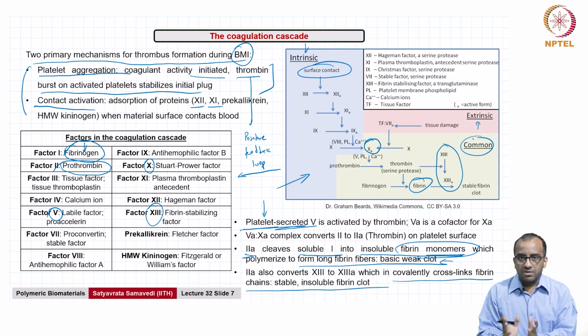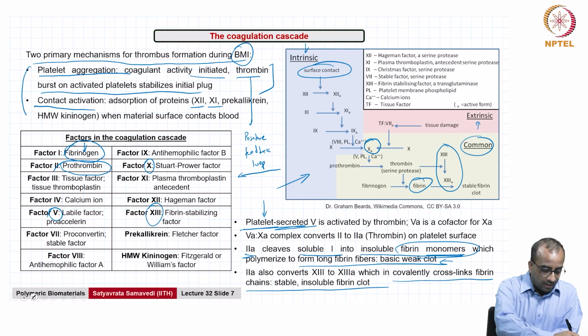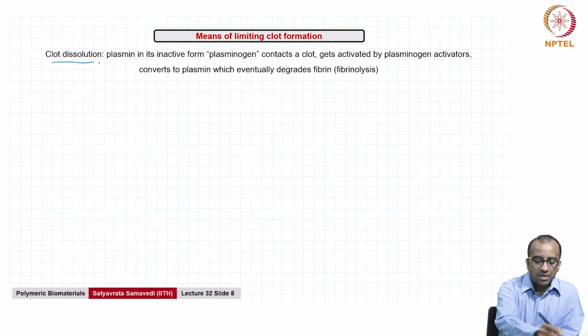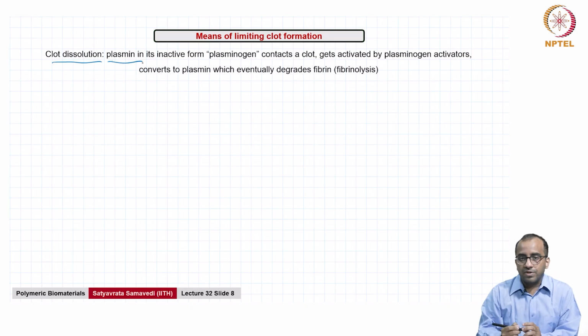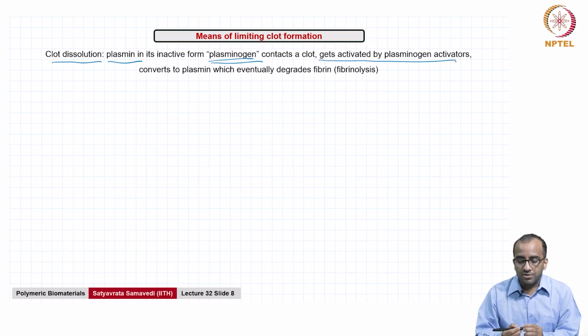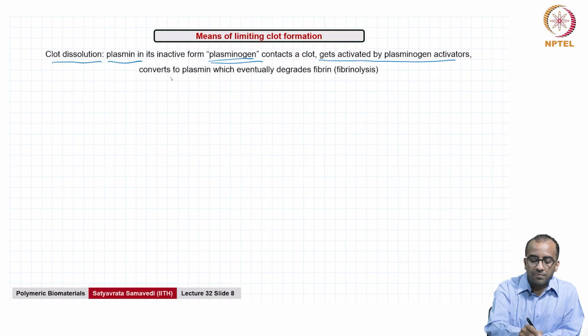Now, where does this leave us? We have now activated the platelets, they have aggregated, they formed a platelet plug and eventually led to a fibrin clot. Eventually in normal wound healing responses, this clot has to be dissolved, and clot dissolution occurs by plasmin, which is initially present in the inactive form plasminogen, which when it contacts a clot gets activated by plasminogen activators and converts to plasmin.